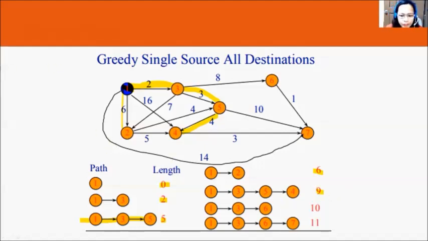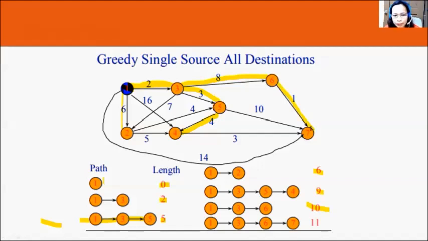Next, from vertex 1 to 3, we have 2, and then 3 to 6, we have the length of 8. So 2 plus 8, we will get 10. Next, from vertex 1, 3, 6, 7. Vertex 1 to 3 is 2, 3 to 6 is 8, and then 6 to 7 is 1.